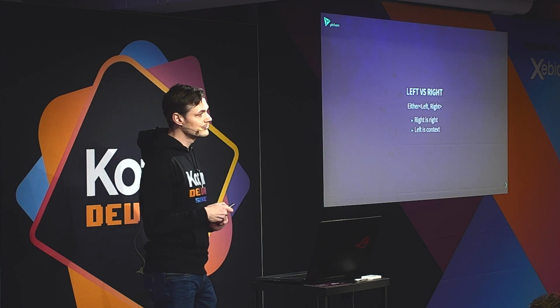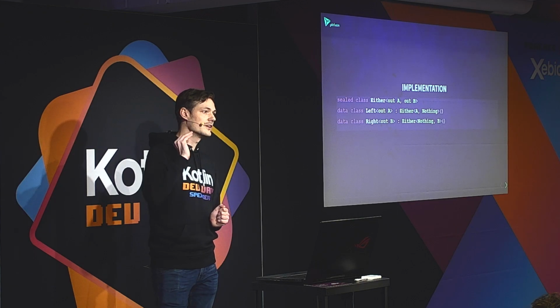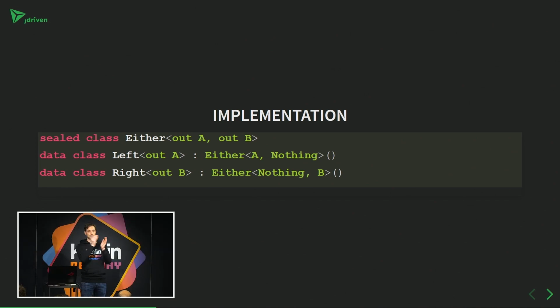It's also important to see how Either is actually implemented, because it's using a sealed class, which means it has only two possible implementations. It's either an instance of Left or an instance of Right. Therefore, it can never be both. So while Either has two generics, you never actually get an Either object. You get an instance of Right or an instance of Left.